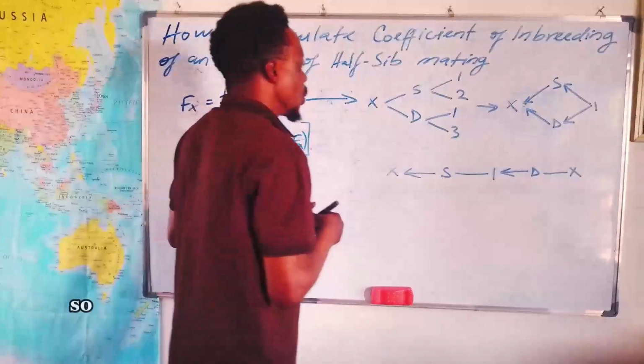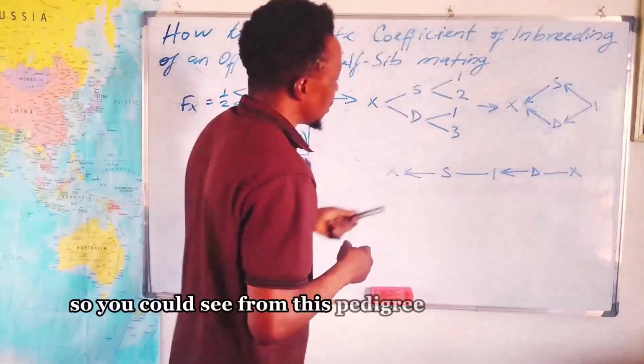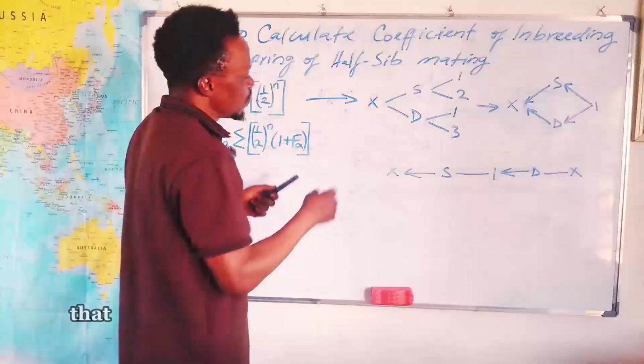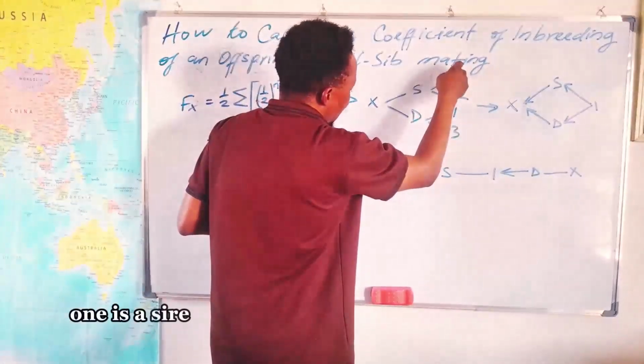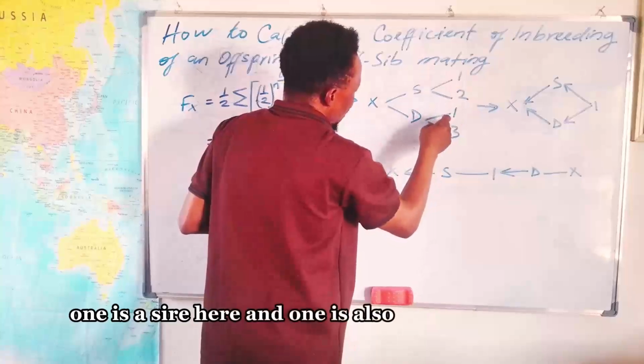So you could see from this pedigree diagram right away that there is a common ancestor. One is a sire here, and one is also a sire here.